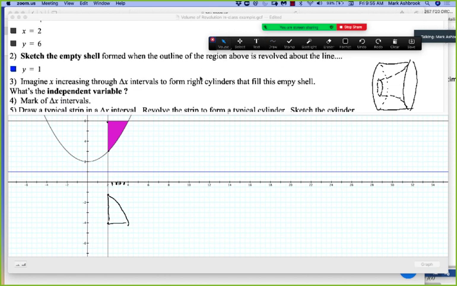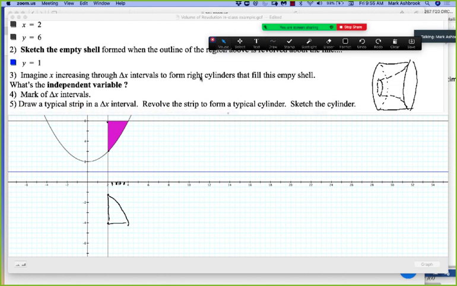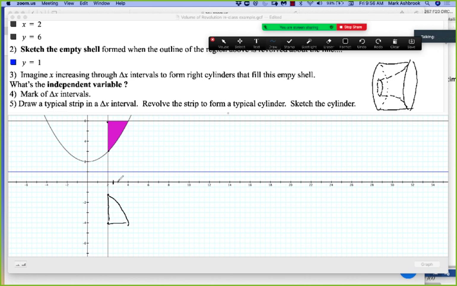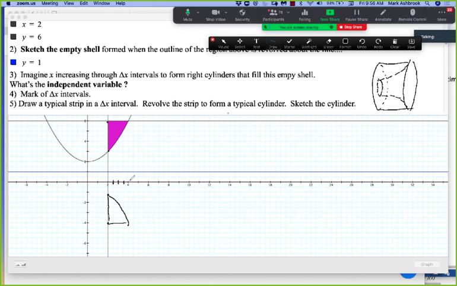And so here we go. Moving along here. So we're going to mark off the delta x intervals. I did that. And so maybe I'll make a few less, a little bit bigger here. We'll do that again. Let's do this. So maybe I'll just make 4 of them. That's better.